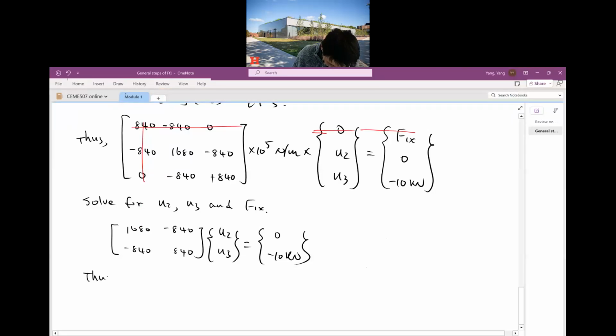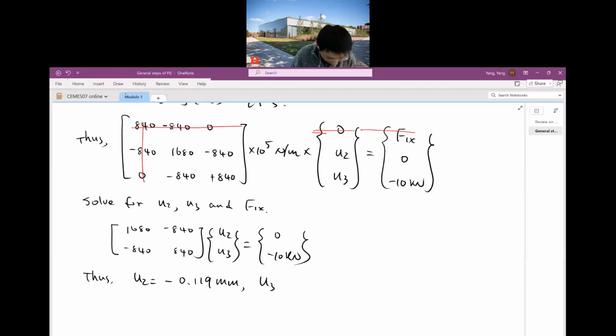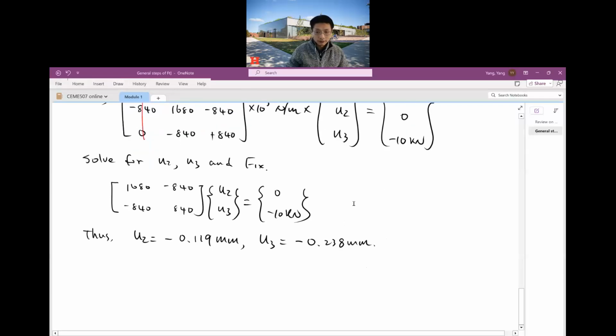So U2, that's equal to minus millimeters. That's equal to minus U3 millimeters. That makes sense. So under a compression, both U2 and U3 will be in the negative x directions.